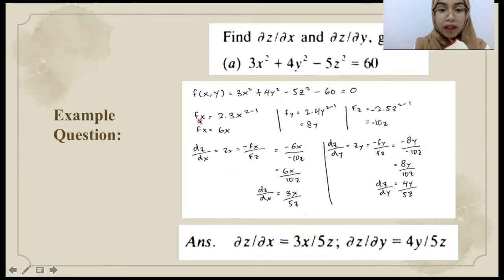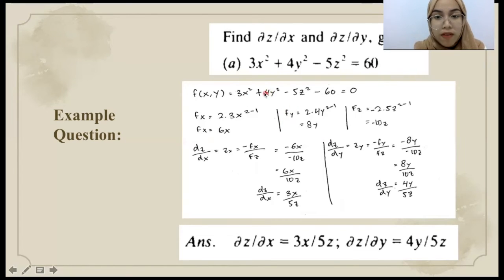Start from fx. The derivative of 3x squared is 2 times 3x to the power 2 minus 1. Because we are looking for x, we have to treat things other than x as constant. The result is 6x. And now for fy, remember, things other than y we treat as constant.